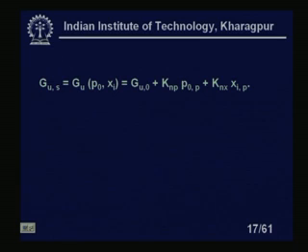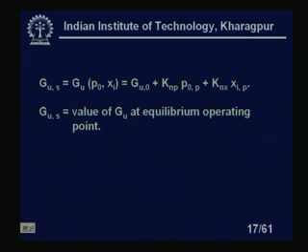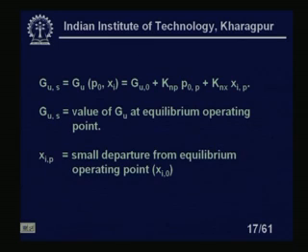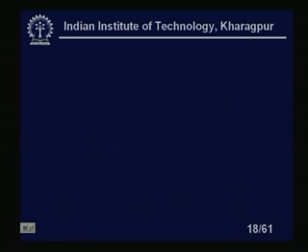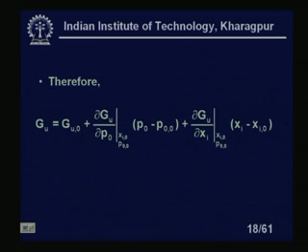So, we can write GU(PO, xi) equal to GU0 plus KNP POP plus KNX XIP. GU0 is the value of GU at the equilibrium operating point, and XIP is the small departure from the equilibrium operating point. Therefore, I can immediately write GU equal to GU0 plus the partial derivative of GU with respect to PO at xi0 and PO0 multiplied by (PO minus PO0), plus the partial derivative of GU with respect to xi.